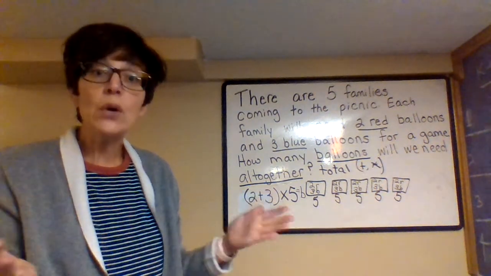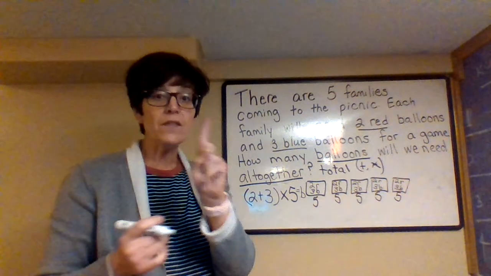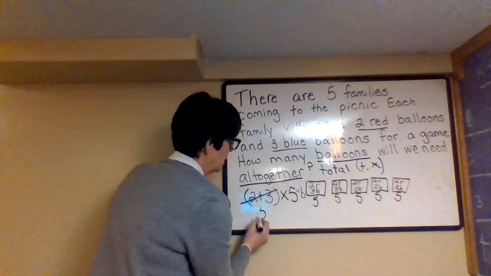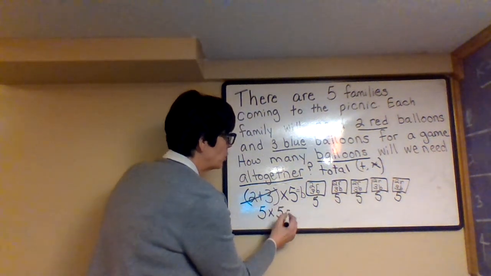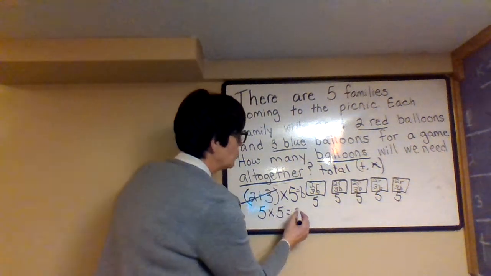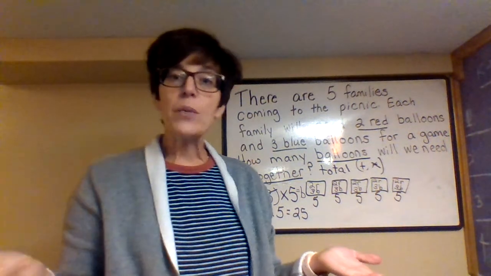So to find the total, one way I could do that is first add up how much I need for one family. 2 plus 3 equals 5. And then multiply it by the number of families or groups of families. 5 times 5 equals 25 balloons.